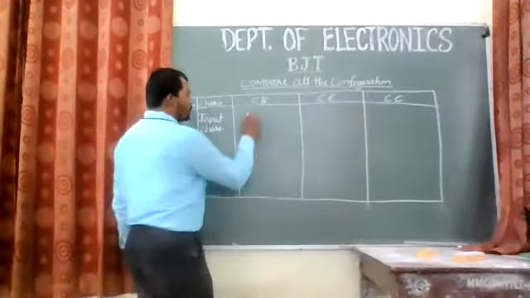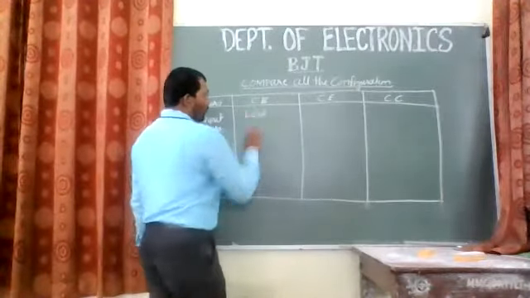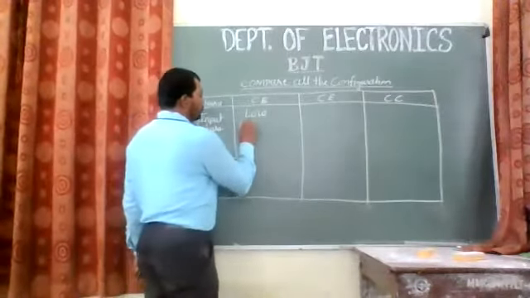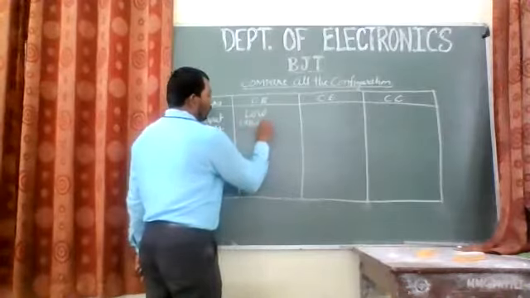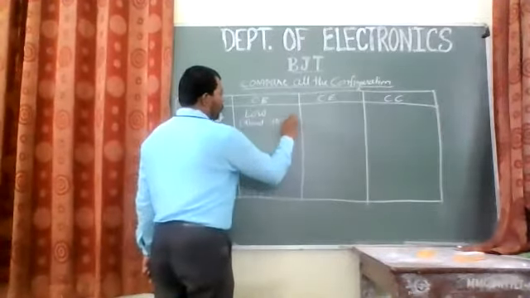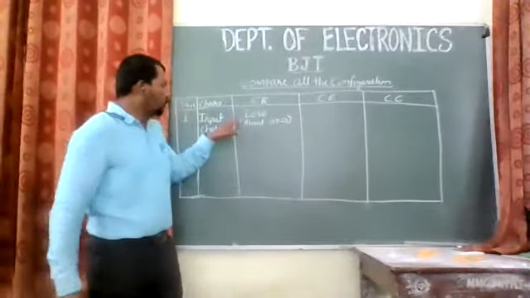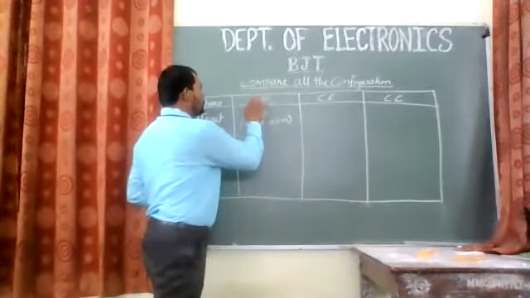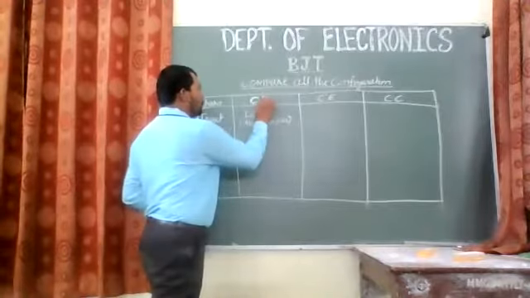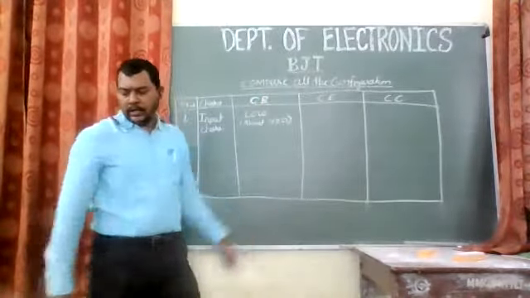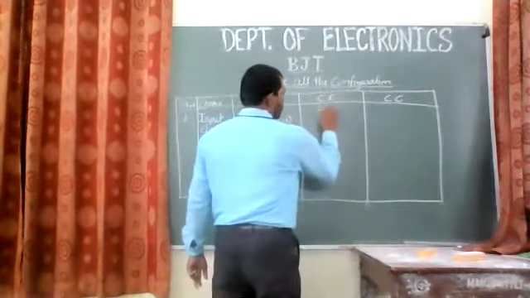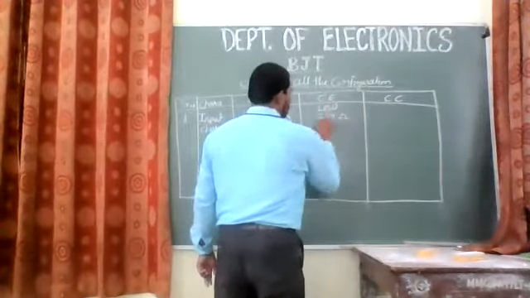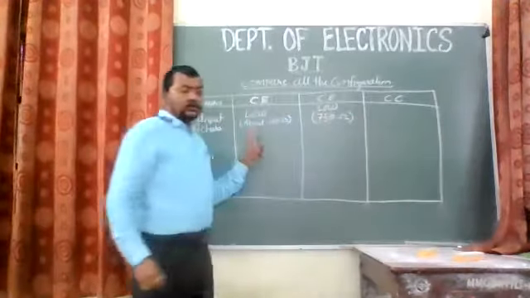So input resistance of CB is very low. That is about 100 ohms. I guess it is visible. So it is very low in CB, the common base configuration. In CE, it is still very low, but it is more than the resistance of the common base.